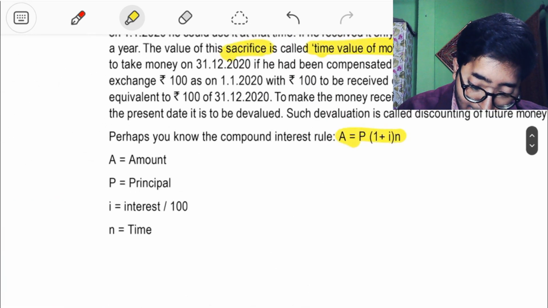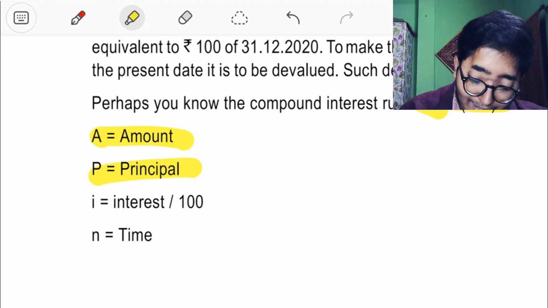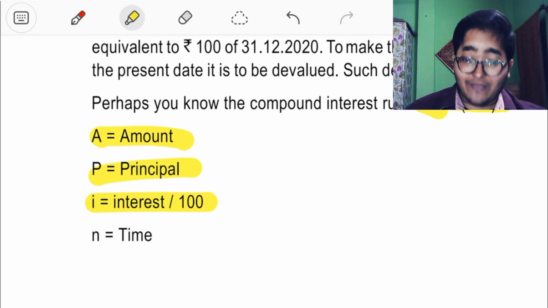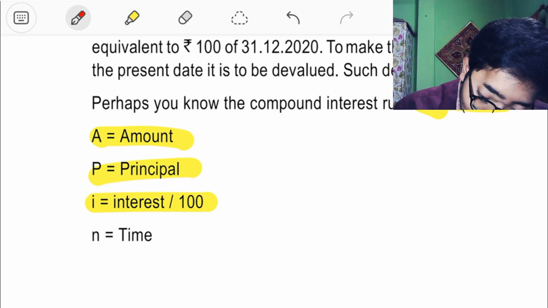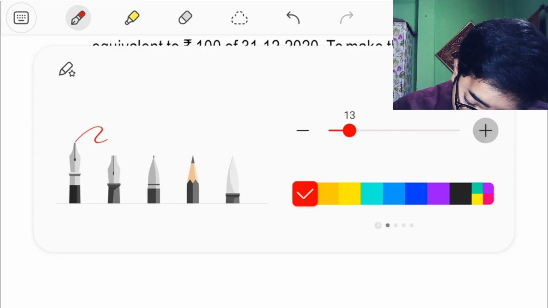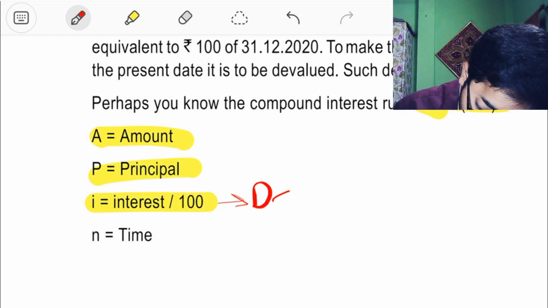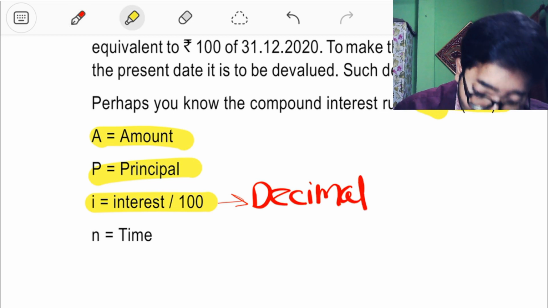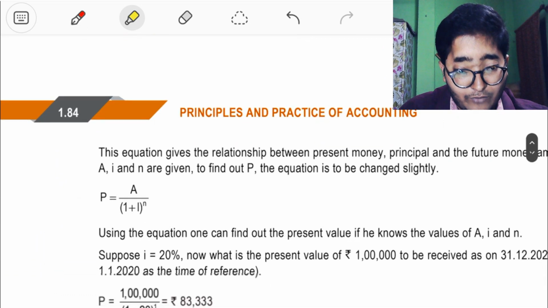So A is the amount, P is the principal, I is the interest, that is interest divided by 100, in the decimal format. And N is the time, the number of years in that formula.